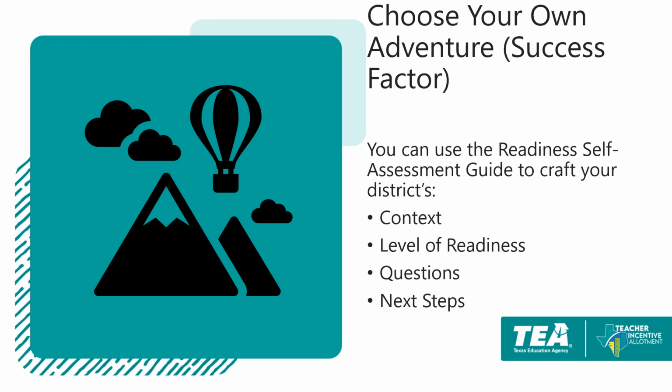These tools, such as the Readiness Self-Assessment Guide and the Readiness Checklist, are available for you to use by downloading them from our website, www.tiatexas.org. These resources are going to help you in determining exactly what your district should do in order to have a successful local teacher designation system.